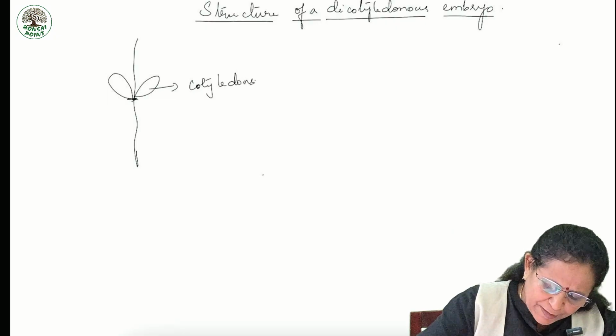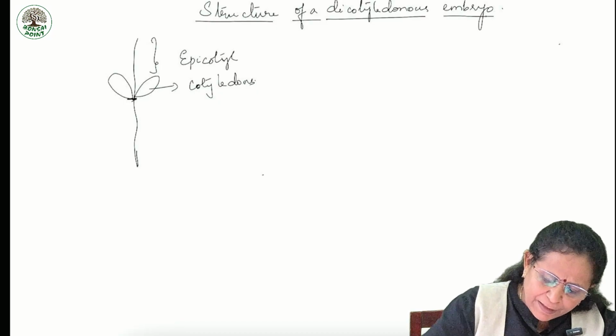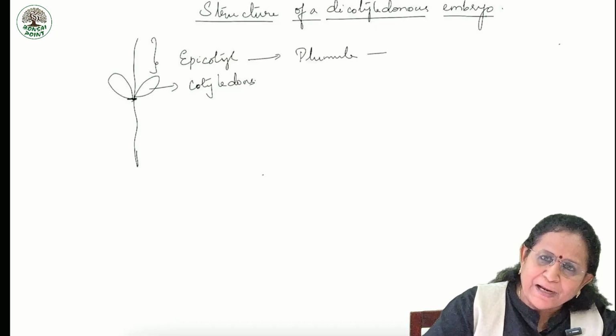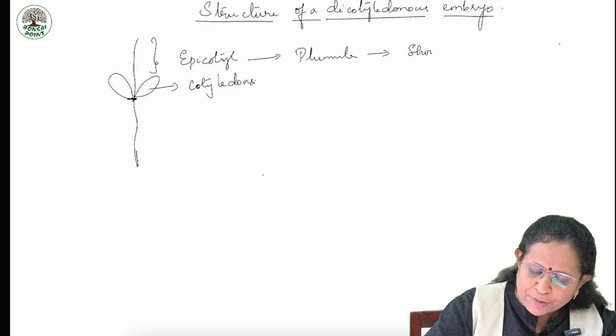The portion above the level of cotyledon is called epicotyl, which terminates into plumule and finally to shoot.